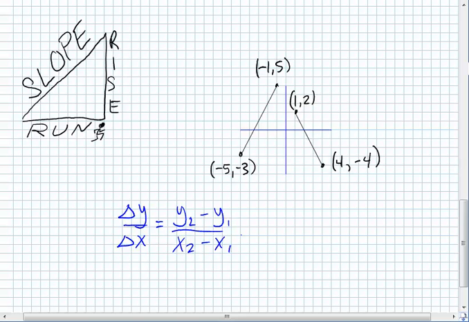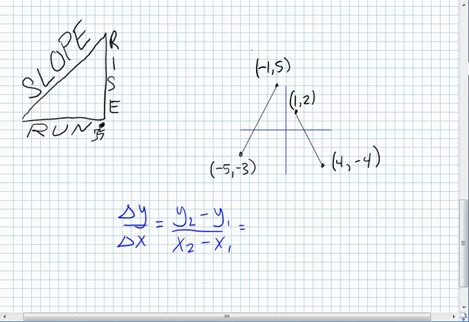I can pick whatever I want to be y1 and y2. The important thing, though, is that you do the same order for top and bottom. In other words, don't do this: if I do y2 minus y1 on top, I can't do x1 minus x2 on the bottom. That's going to give me the wrong answer. It's very bad.